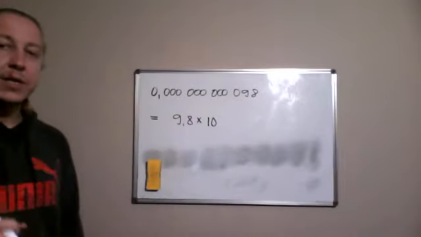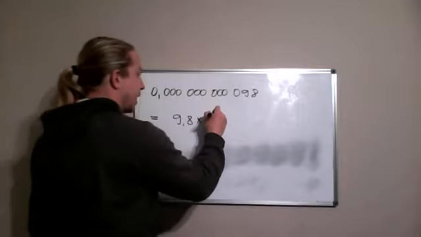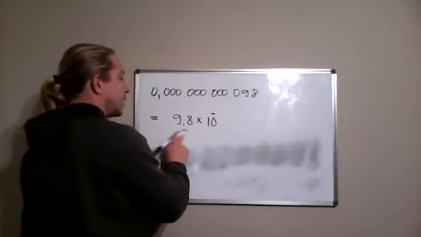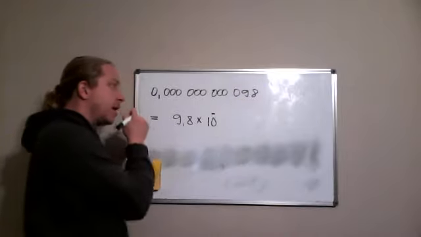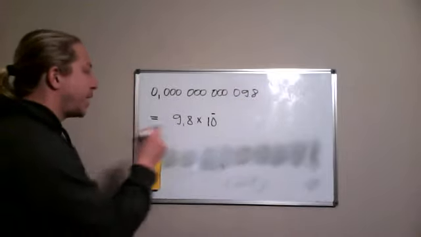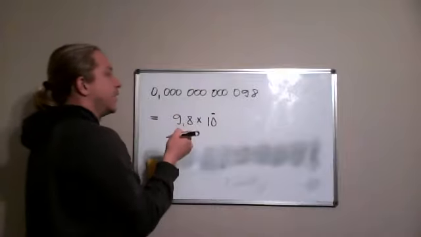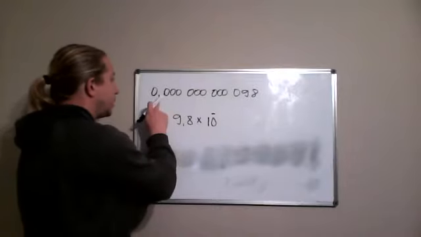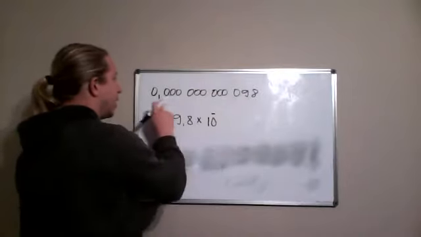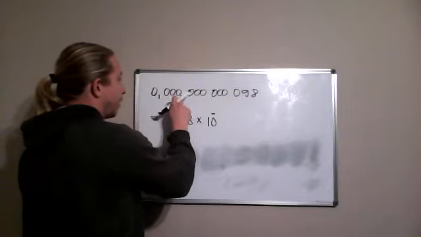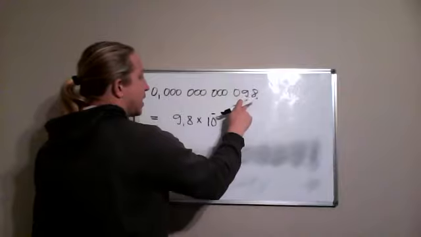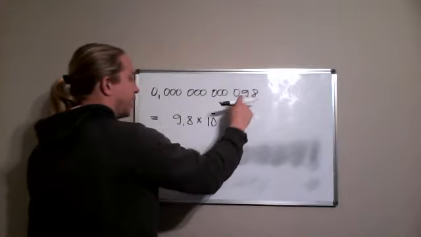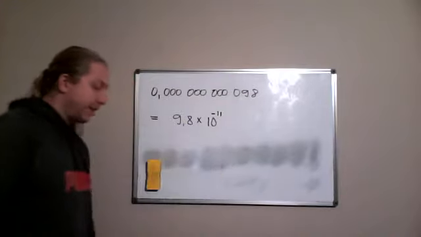If we're dealing with a small number, we're going to get a negative exponent, because we're really dividing this number by all these zeros to get such a tiny number. By how many factors of 10 must we divide it? Well, let's move the comma until it's here. 1, 2, 3, 4, 5, 6, 7, 8, 9, 10, 11. So we need to have an 11 there.